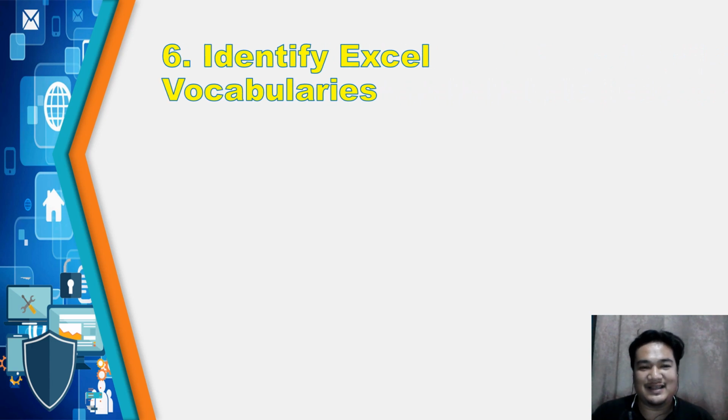Let us discuss the last topic of this part 1 video lecture about identifying Excel vocabularies. Para mas maintindihan natin at mas magamit natin na smoothly ang Microsoft Excel, may mga terms na dapat nating tandaan or may mga terms na dapat na maging familiar tayo.